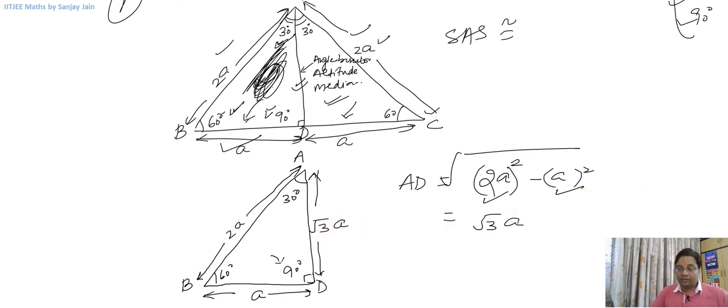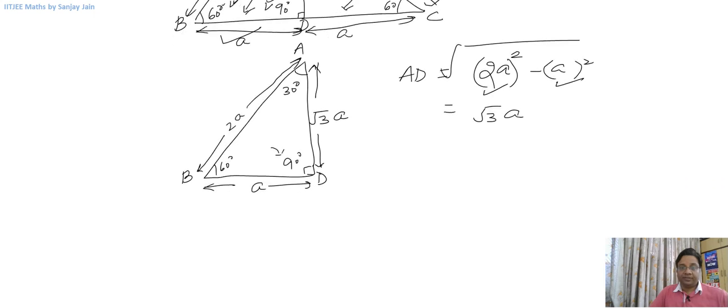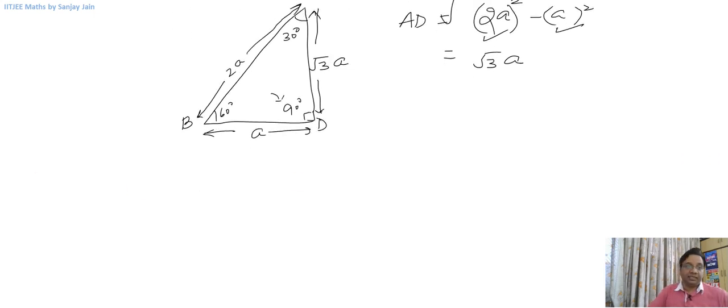Now let us come to the point. So this is the 30, 60, 90 triangle that I was looking for. And if you notice, in a 30, 60, 90 triangle, what are the ratios of sides? Opposite 30 degrees I have got a. Opposite 60 degrees I have got root 3 of a.